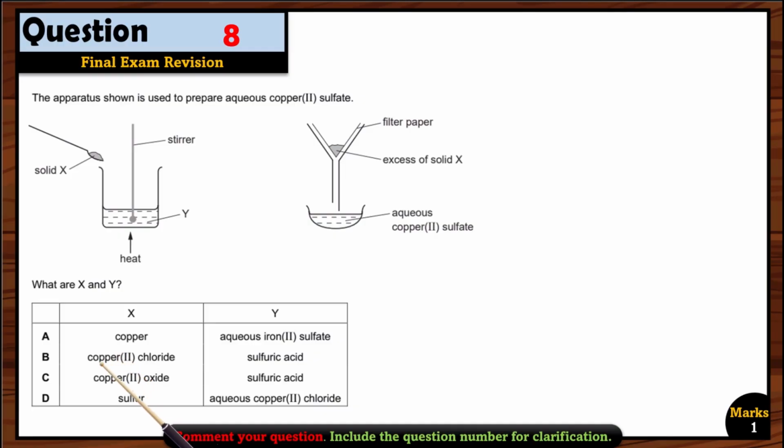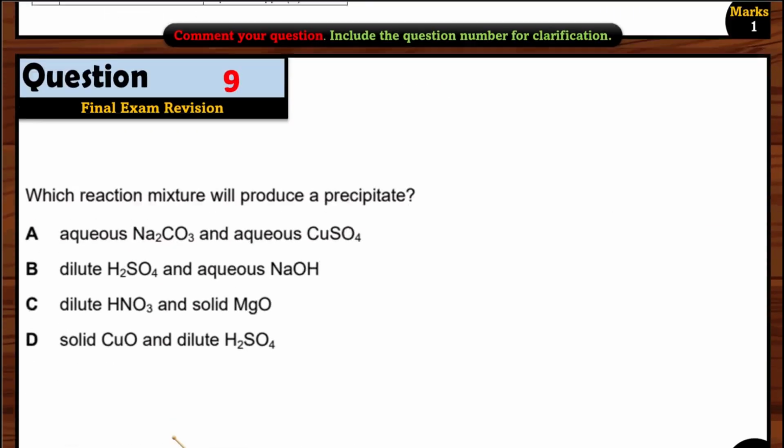So copper chloride is soluble. We cannot choose this option either, because solid X is actually insoluble. So we are just left with copper oxide. Copper oxide is insoluble, so that's why we will use the excess solid X method. Copper oxide is solid in nature, and then sulfuric acid. So we get option C over here. So option C is right.